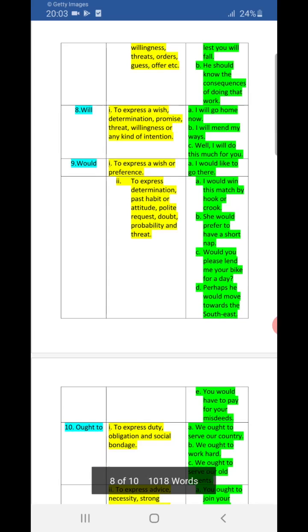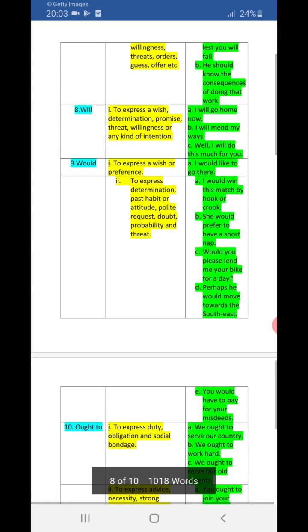Number 2. To express determination, past habit, or attitude, polite request, doubt, probability, and threat.